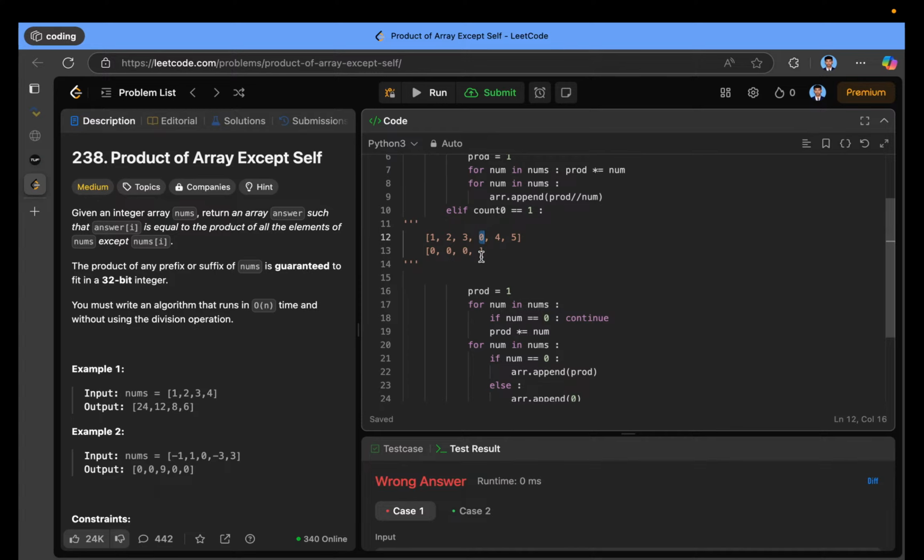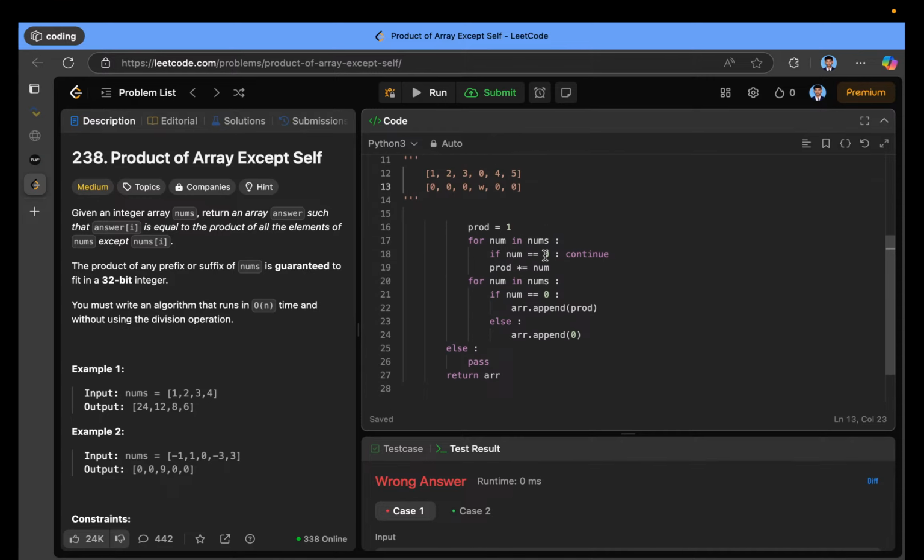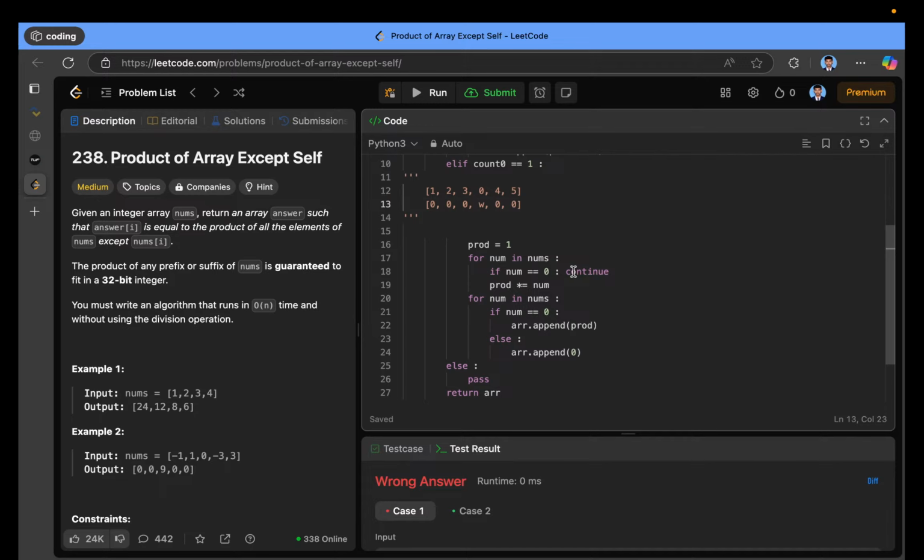I don't want to calculate the product of these values, go and use a calculator. So that's why I use this.